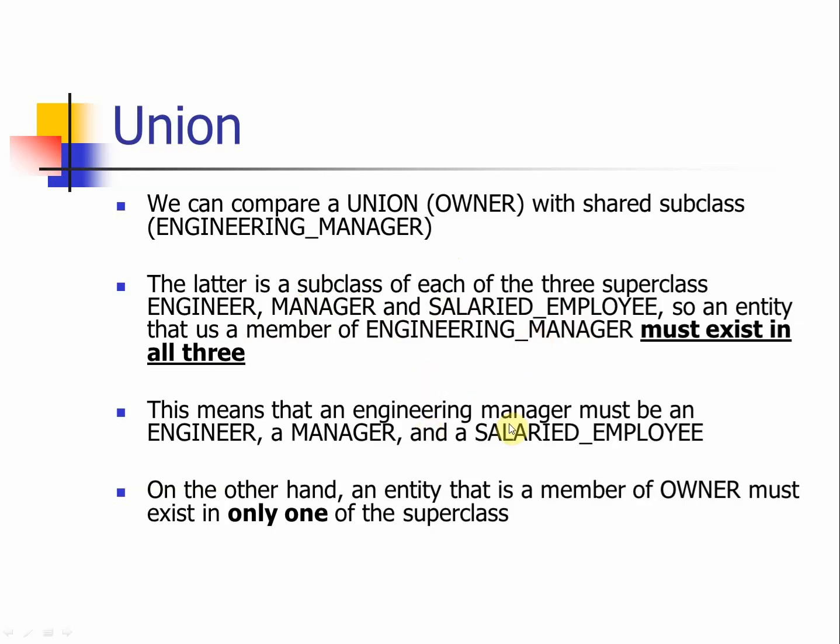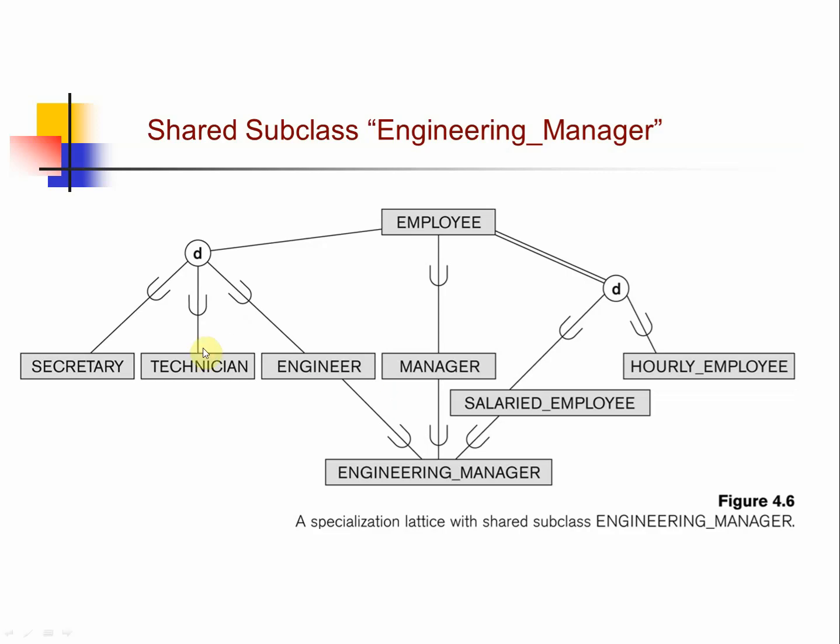This means that an engineer manager must be an engineer as well as a manager as well as a salaried employee. So if we look into this one slide, it talks about the multiple inheritance, which is a shared subclass. So you can see that in this representation, engineer manager is an engineer and a manager and a salaried employee.